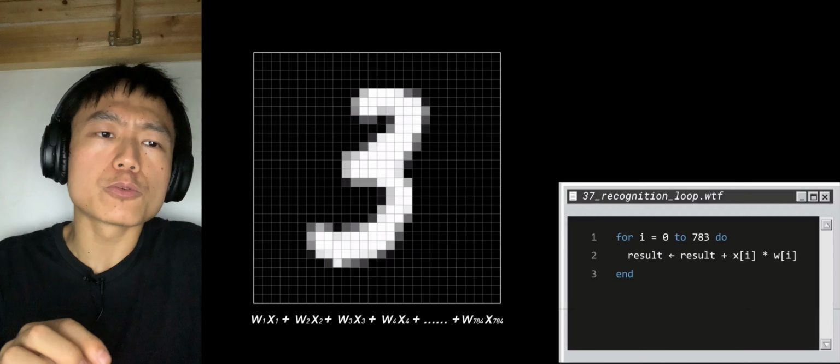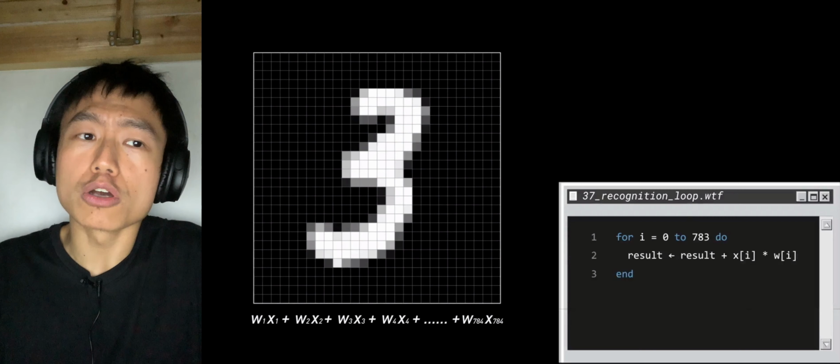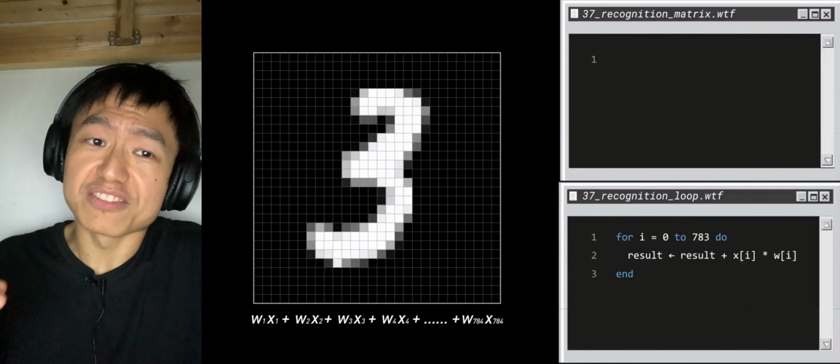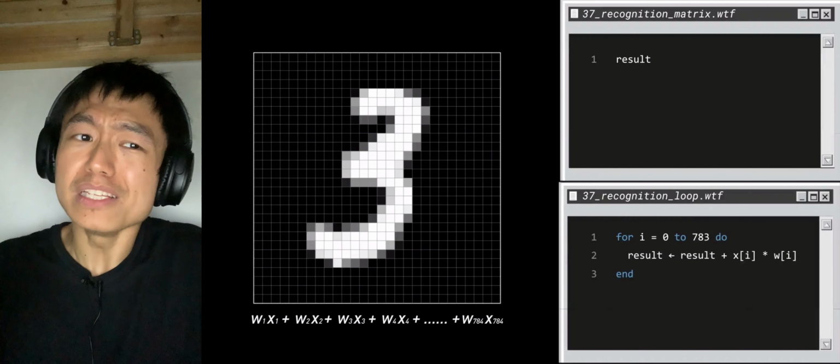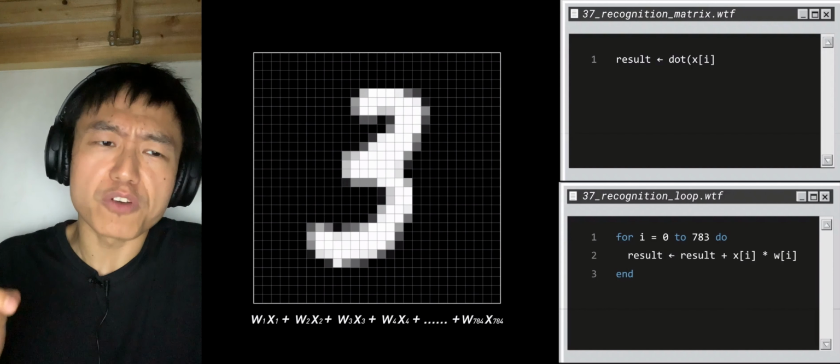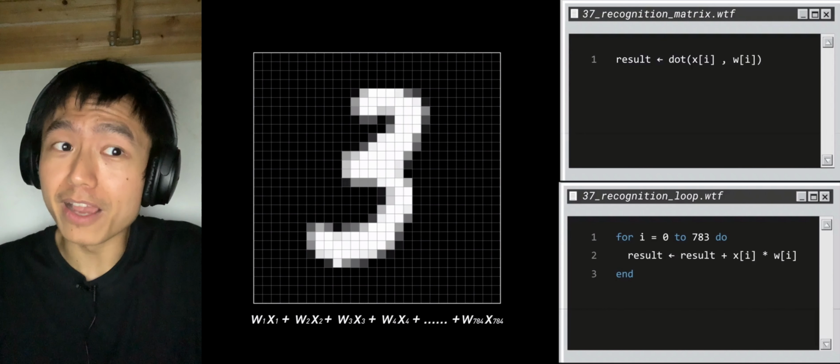To calculate the output value of a picture, our computer needs to calculate 784 multiplications and then add them up. However, if we write it as a vector dot product, only this one line of code is needed. It means doing multiplication for all x at the same time.